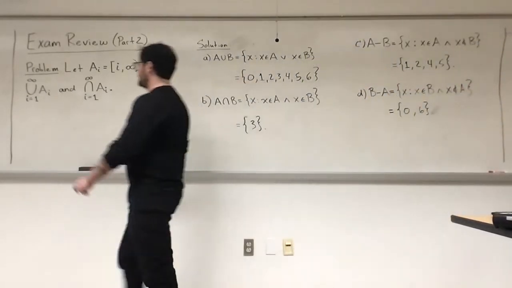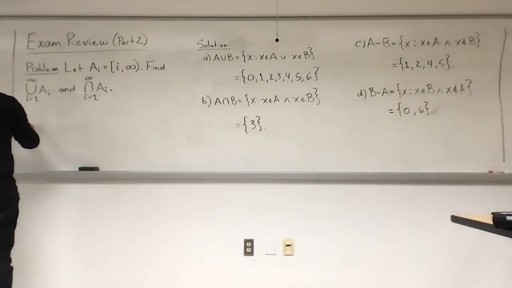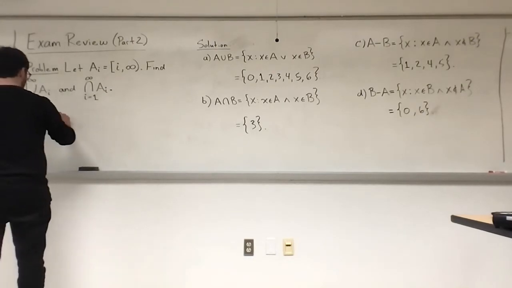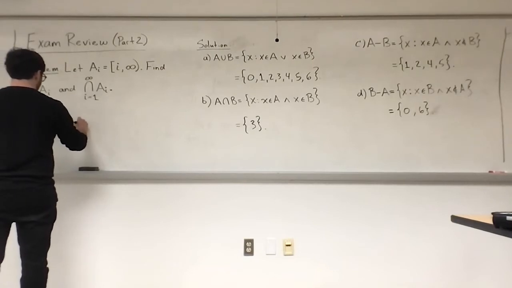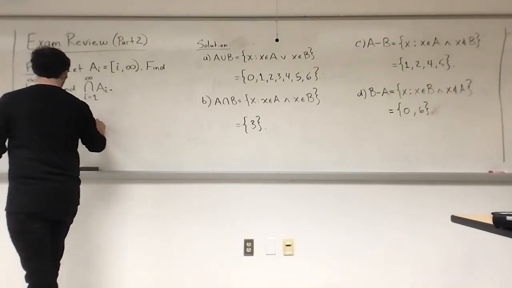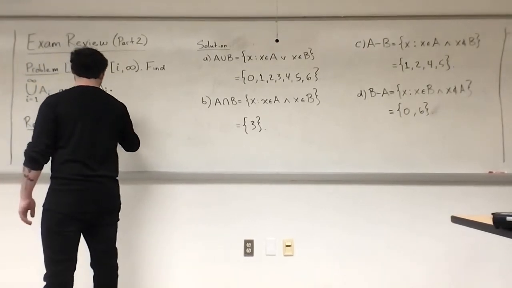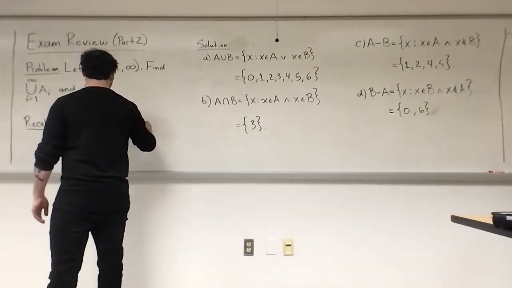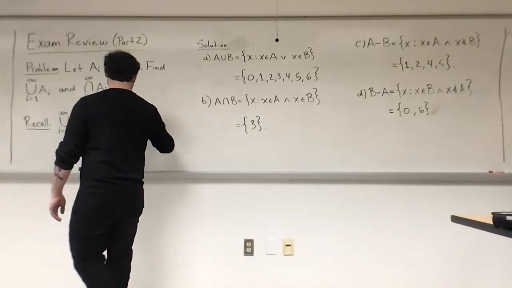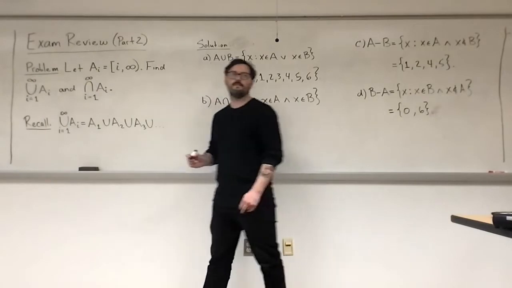I'll even put this as a hint on the exam. Recall that the union from i equals 1 to infinity of A_i is equal to A1 union A2 union A3 union and so on, up forever.